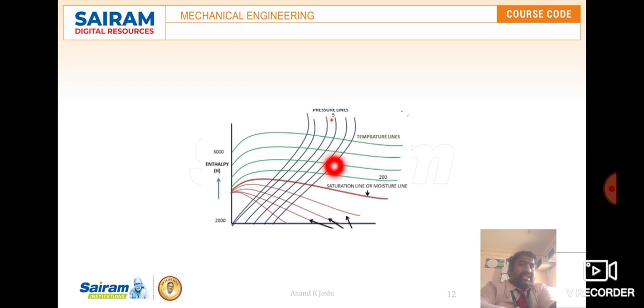Draw a horizontal line, whether it is compression or expansion, which you can decide depending on which path it is moving. As it is a throttling process, enthalpy becomes constant, so for constant enthalpy we draw a horizontal line. At that horizontal line, we note down which lines are cut at a particular pressure and temperature, and then we can identify the quality of the steam before throttling and after throttling.